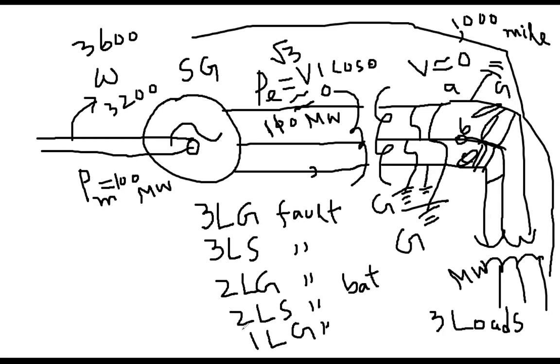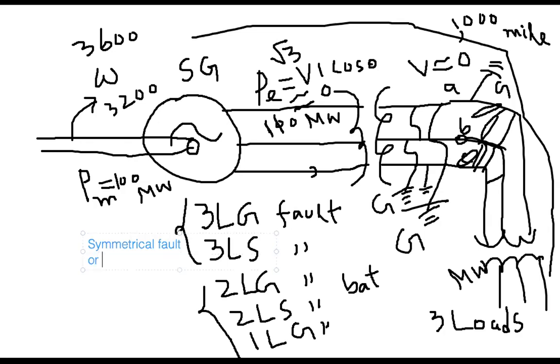Okay, and now again there are 2 categories. These 2 are one category, and the remaining 3 are a different category. So why are these one category? Because 3LG and 3LS both involve all 3 phases. You see, 3 means 3 phase, 3 line, ground or short circuit. Because they involve all 3 phases, it is called a symmetrical fault. So everybody write down that term: symmetrical fault or balanced fault.